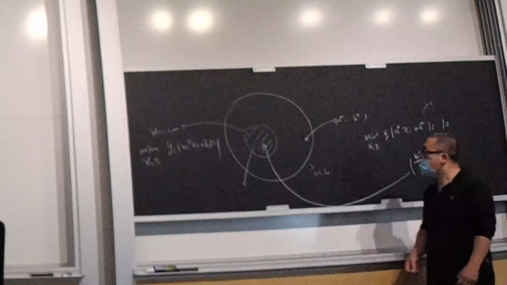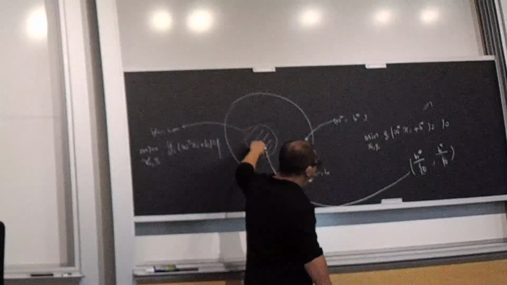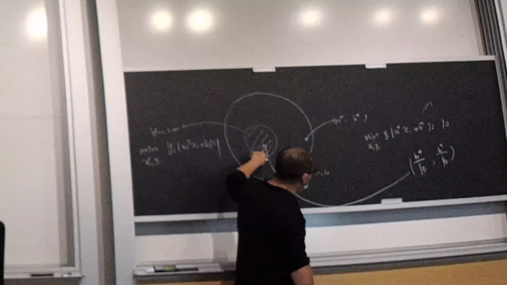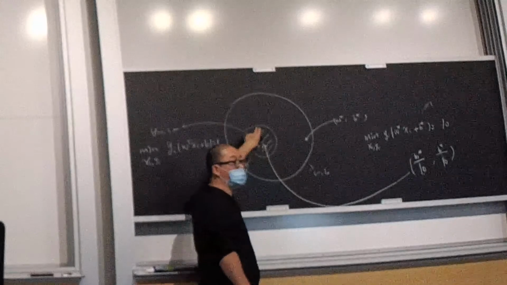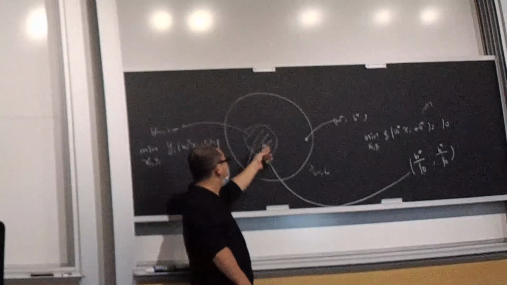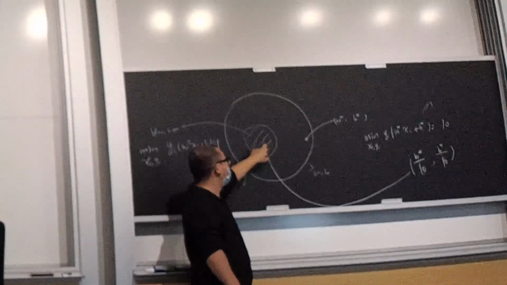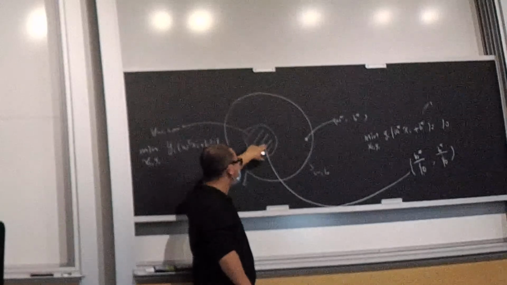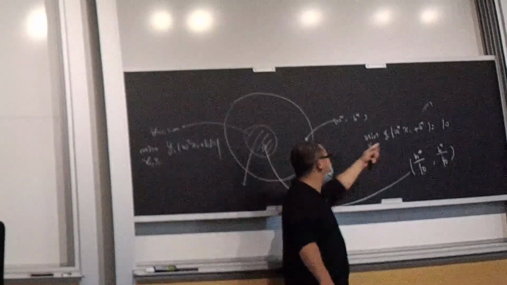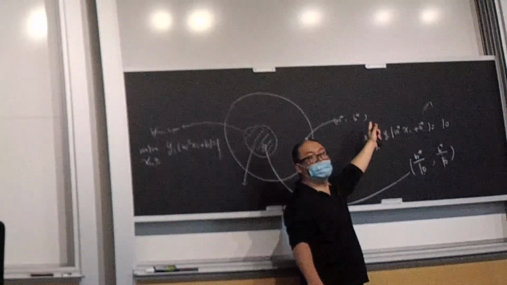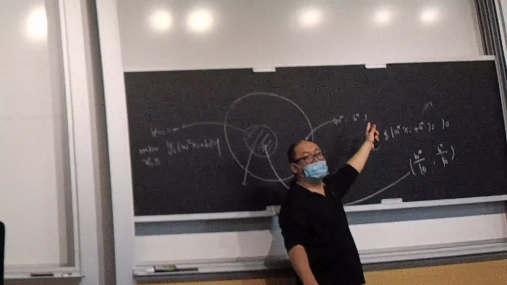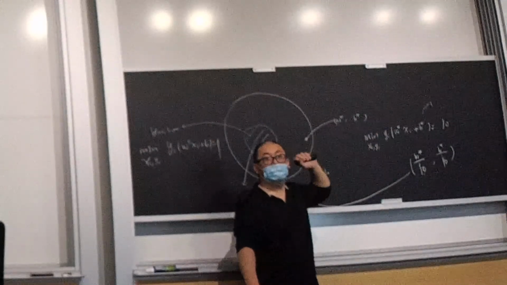Then your new pair is inside the space. So that means you can just search inside the small space, and you get the equivalent linear classifier as W star, b star. Does it make sense?